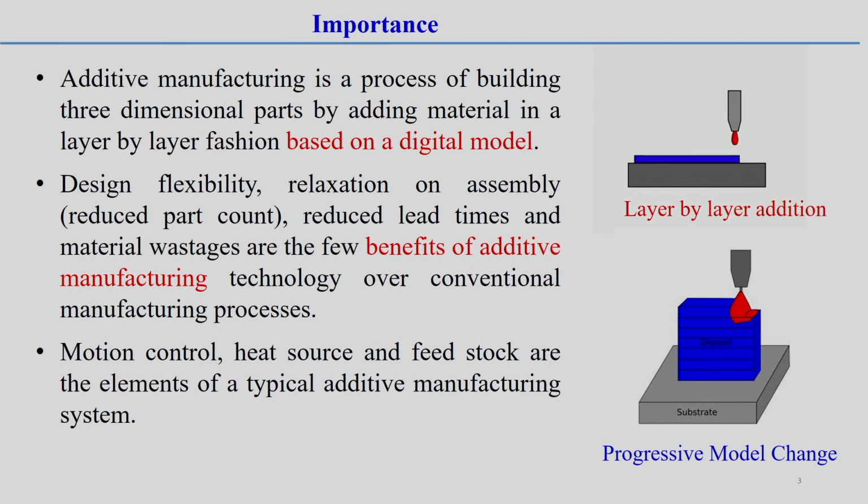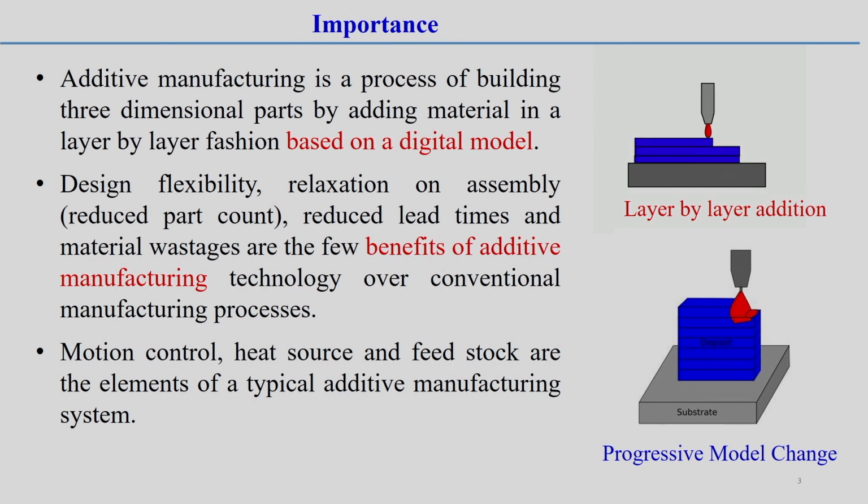But of course, why is it so important? Because there is a lot of design flexibility, and compared to other conventional manufacturing processes, it can replace many of them, and products can be developed following only a single process, the additive manufacturing process.